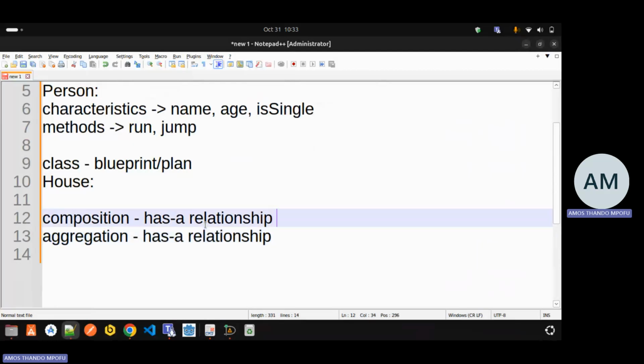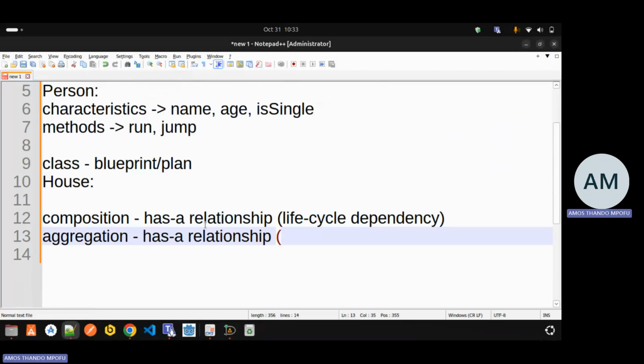The only difference is that with composition, there's a life cycle dependence. Basically, that thing that's inside of the other object cannot exist, or wouldn't exist, if the object that has it didn't exist. So what do I mean by that?